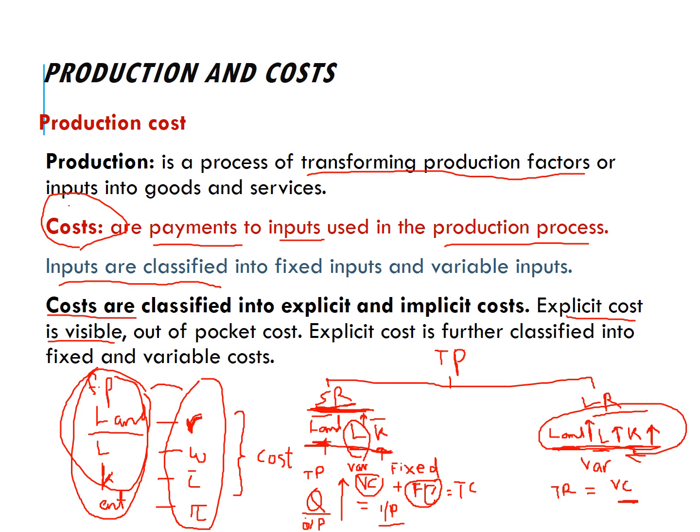You realize that you paid it, so it is an out of pocket cost. This explicit cost is actually variable and fixed cost. So variable cost and fixed cost is the explicit cost.